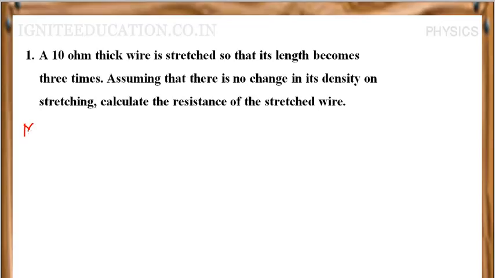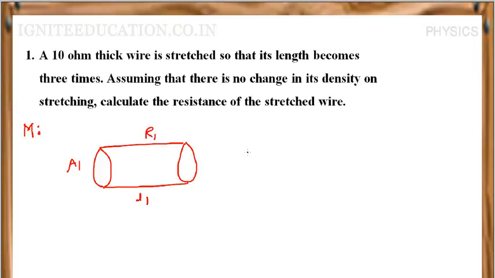So our motto is, there is a conductor with some cross-sectional area A1 and length L1 with a resistance R1, and you are stretching that wire in a manner that the length of the conductor is going to be increasing, and it is L2, and the area of cross section of the second one is going to be decreased, that is A2, and the resistance is R2.